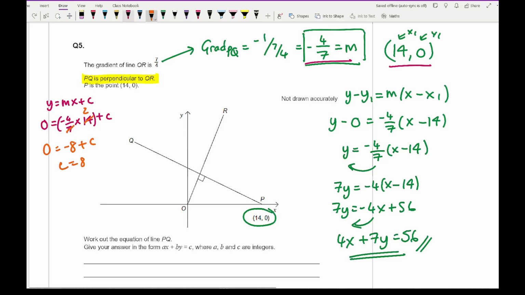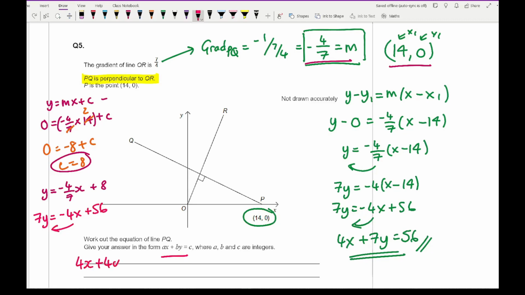And from this, what I can then do is substitute this back in, so I've got y equals minus 4 over 7 x plus 8, and because they want us to write it in this form, I multiply everything by 7, so I get 7y equals minus 4x plus 56, and then again take the 4x over to the side, so I end up with the same answer of 4x plus 7y.